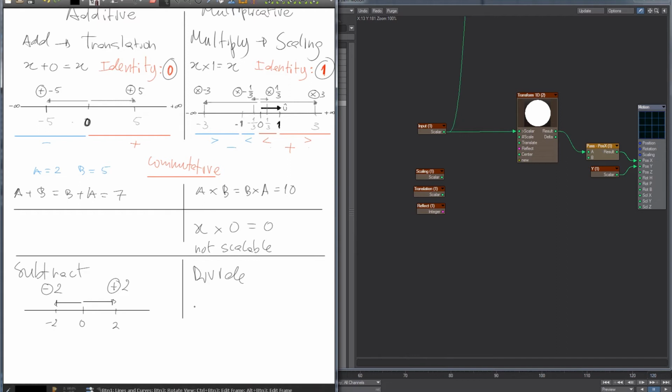So they perform the inverse action in a way. In this case, here we have the unit space. And so we have 1, 0, and 1. And so if I multiply this vector by 2, I'm going to go to, let's see, 2. But if I divide it by 2 instead, it will perform the inverse action. It will go to 0.5, so divided by 2. So inverse actions with the inverse nodes.